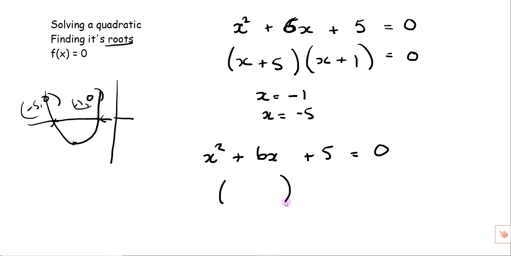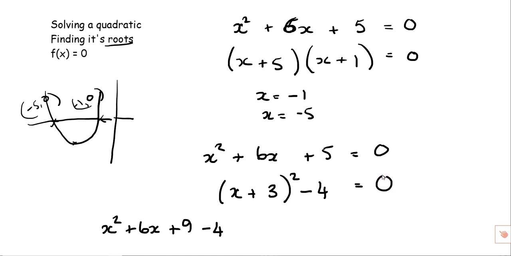So it's going to be x plus 3 squared. If I expand x plus 3, that's going to be x squared plus 6x plus 9. But I need plus 5, so I need to subtract 4.